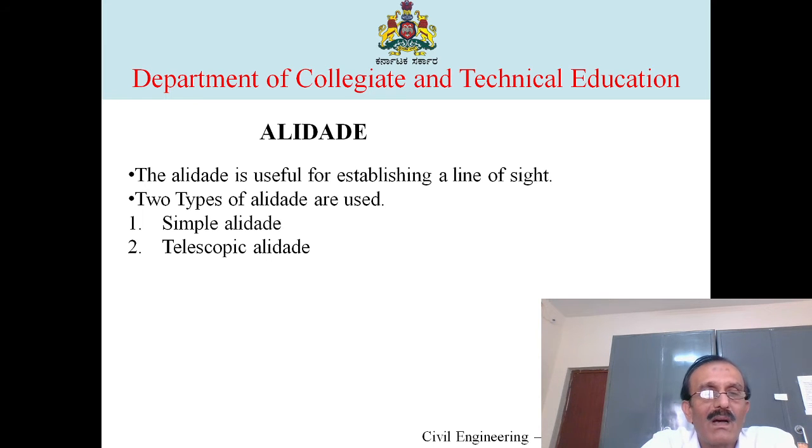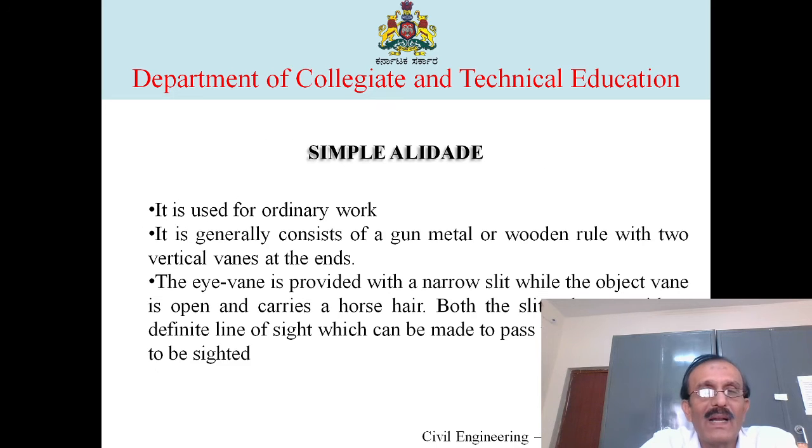The alidade is useful for establishing a line of sight. There are mainly two types of alidades in use: one is the simple alidade, and the other is the telescopic alidade. The simple alidade is used for ordinary work. It generally consists of a gunmetal or wooden rule with two vertical vanes at its ends.